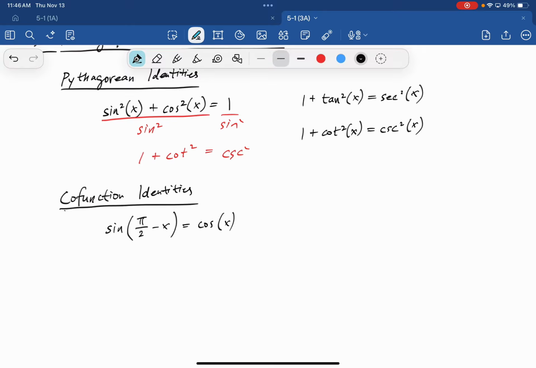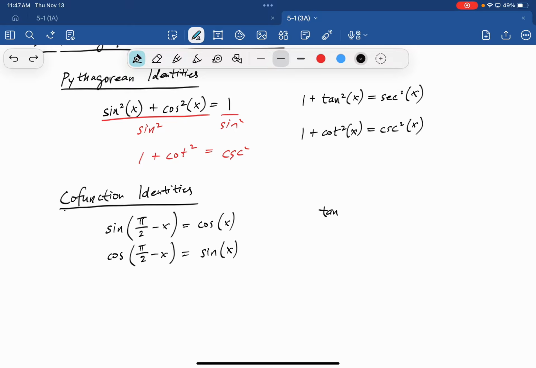Likewise, cosine of pi over 2 minus x is equal to sine of x. You might be asking, what is a cofunction? A cofunction is just the function that has a co in front of it. So sine goes with cosine, and tangent goes with cotangent. Secant goes with cosecant. These same relations also apply for tangent x.